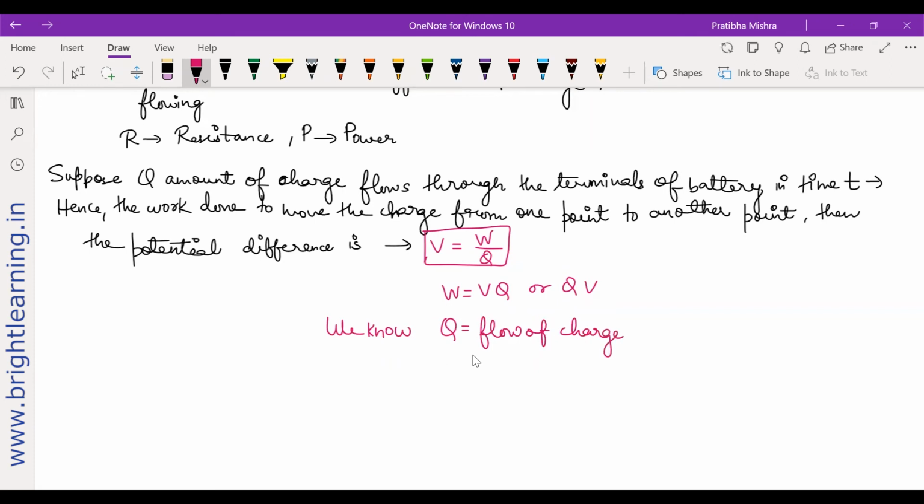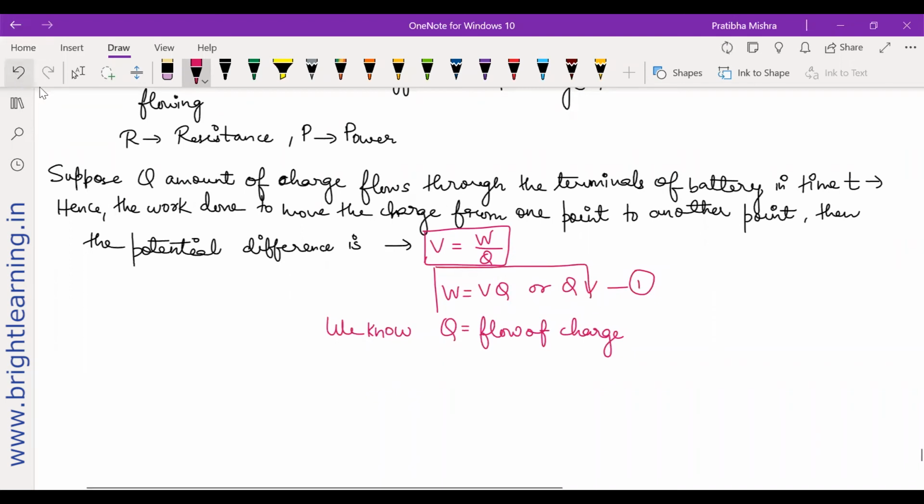Now, V can also be expressed as I into R, which we will use later. Right now, no need to use this part, otherwise you'll get confused. Let this be the equation. This is the first thing that we have.